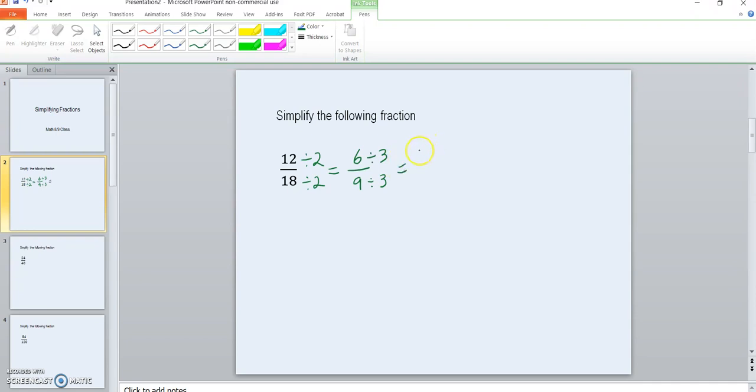So 6 divided by 3 is 2, and 9 divided by 3 is 3. Since this can't be simplified anymore, that is my final answer. So when I simplify 12 over 18, it simplifies to 2 over 3.